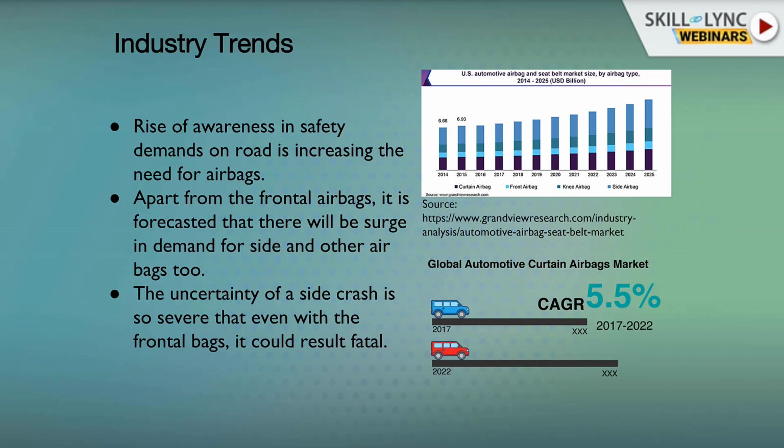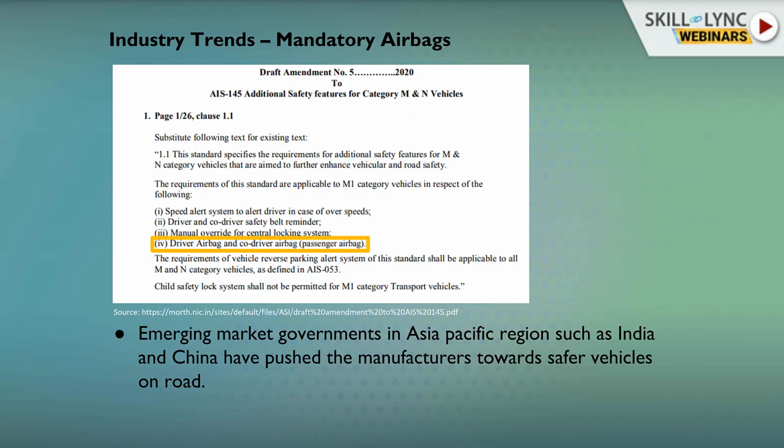You can see here that there is almost a 5.5% annual compound growth rate for side airbags such as curtain airbags too. And coming to the Indian perspective, major OEMs in India are also developing and focusing on airbags nowadays.